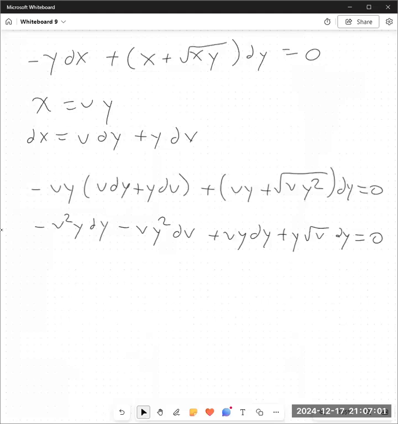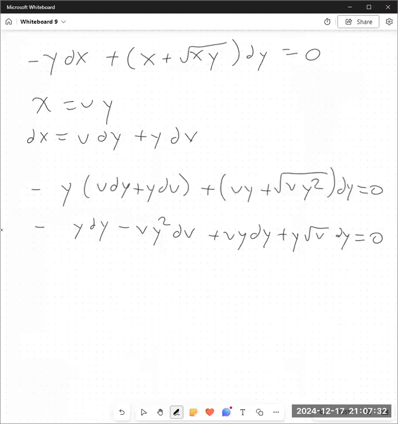So this is negative y. That wasn't an x, that was a negative y.